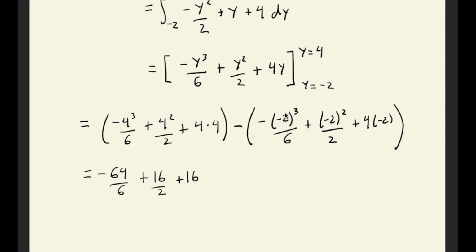So this negative 2 cubed will turn into a negative 8. With this negative sign, it will turn into a plus 8, right? Annoying, I know. But this is a 4 over 2 with a negative sign, which turns into a minus 4 over 2. And this is a negative 8 with that negative sign, which turns into a plus 8.